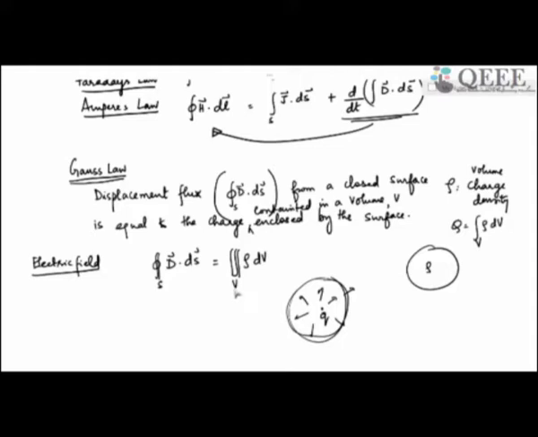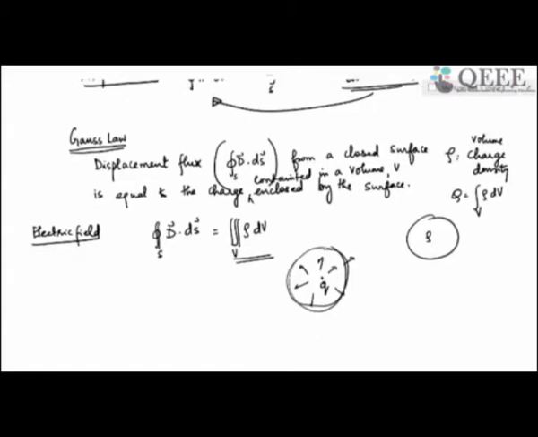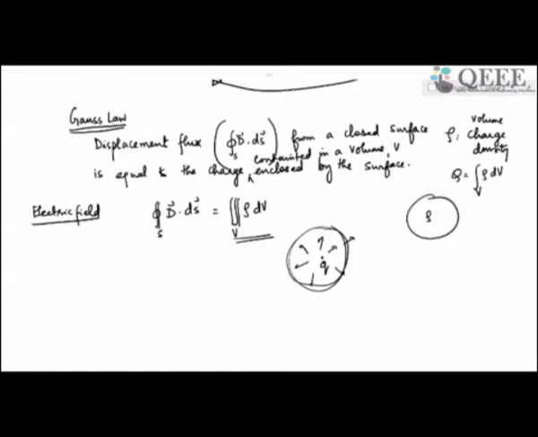If Q is a charge, the right side will get replaced by Q. And I can actually use Gauss law to find out the electric field intensity due to a point charge. Because if I have a point charge Q here, I write down the flux in a closed surface integral. I can evaluate this integral and then I can find out how much D is as a function of distance.